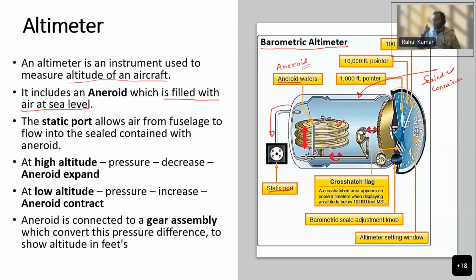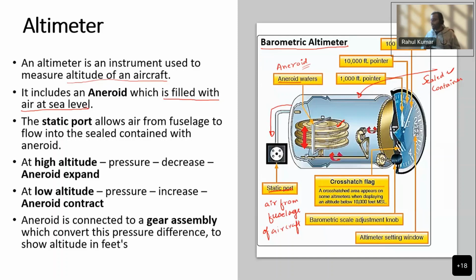The static port allows some portion of air from the fuselage of the aircraft to fill the container.